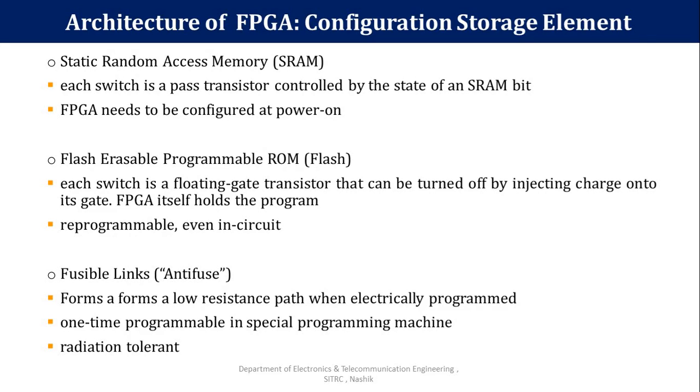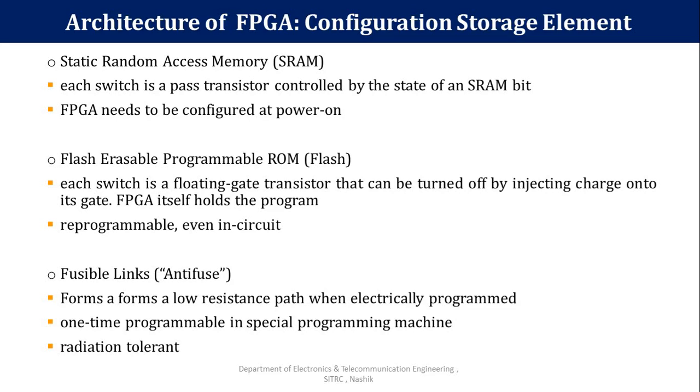Now, what are the configuration storage elements which control these programmable switches? They are of the types: standard random access memory SRAM, flash erasable programmable memory, or fusible links. First, the standard random access memory, that is SRAM.